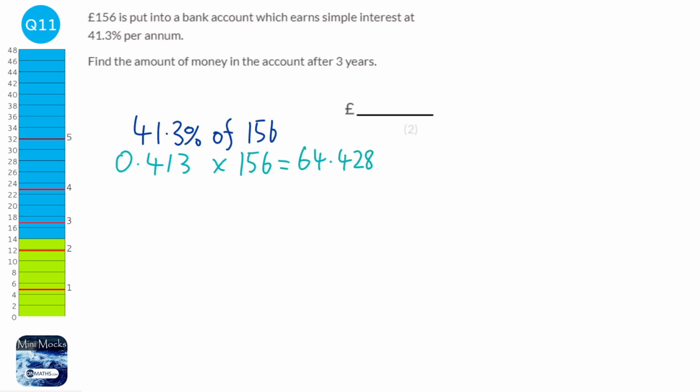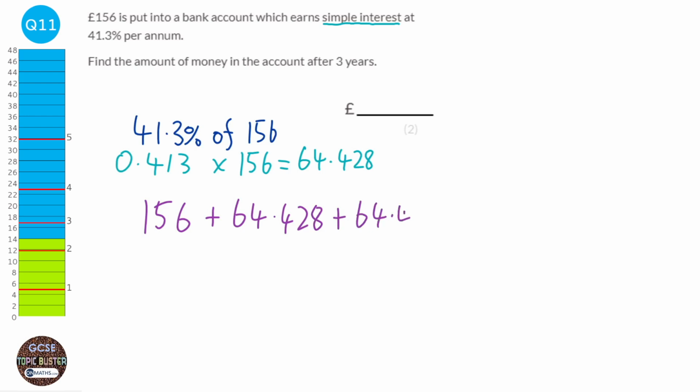64.428. Next, we need to understand what simple interest means. Simple interest really is simple. The reason it's simple is it's always the same. So we've got the 156, and we've got the interest for year 1. And the interest for year 2 will be exactly the same number.